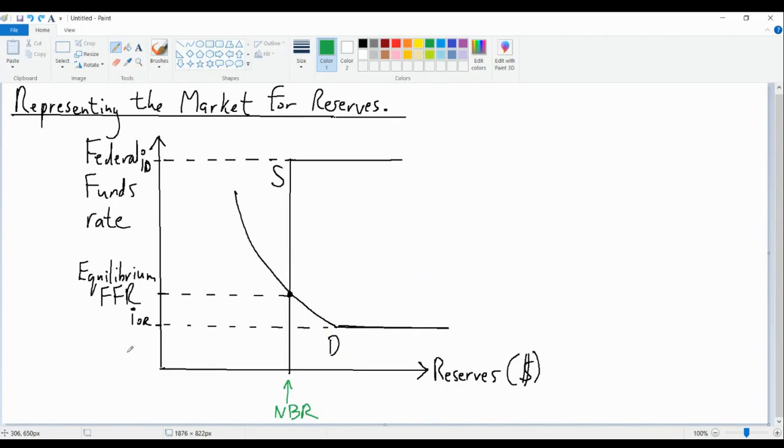Which is where we are now. We are basically here, with extremely low interest rates and huge amounts of reserves just sitting on bank balance sheets, which they don't mind too much because they're earning interest on it. Any questions, comments, thoughts about this?